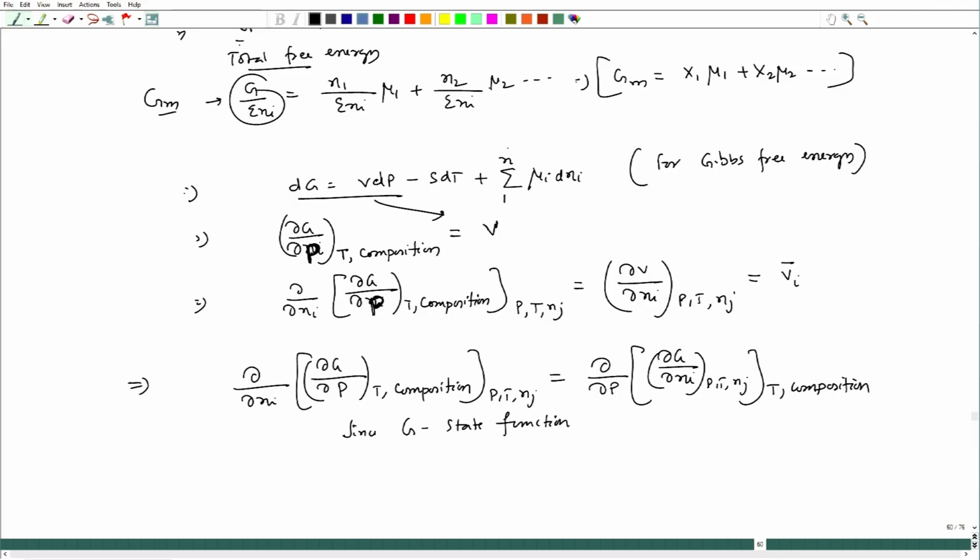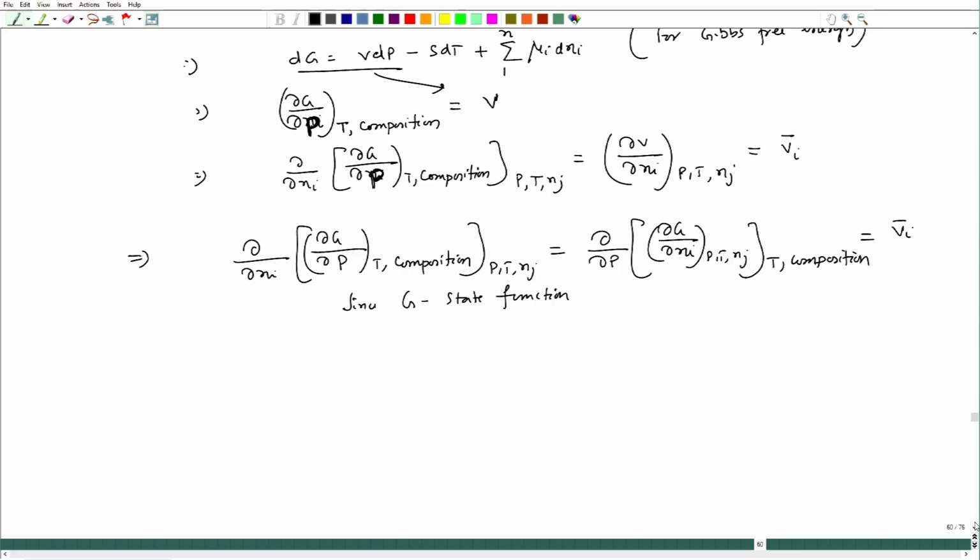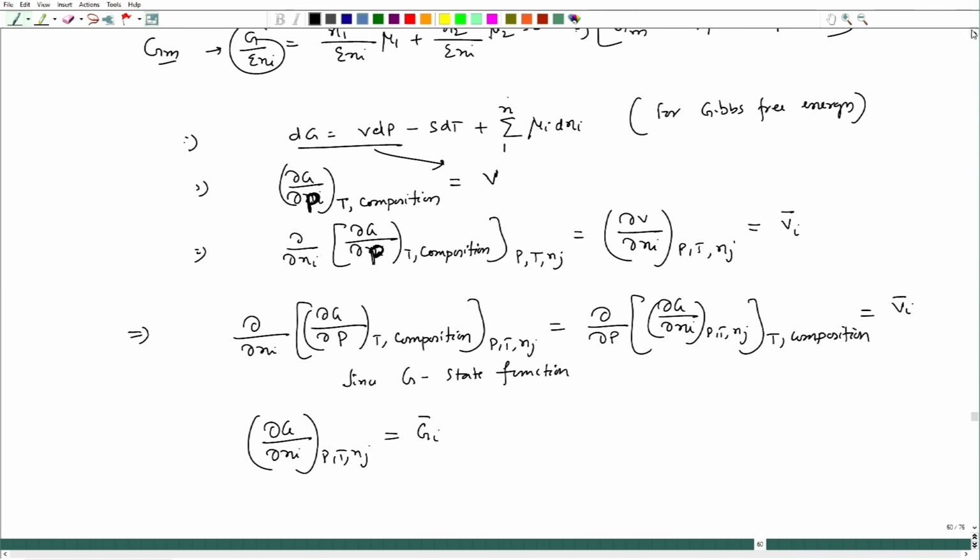So, this equals Vi bar, and we know that dG by dNi at P, T, Nj is nothing but G i bar. In fact, here I can write it as G i bar.